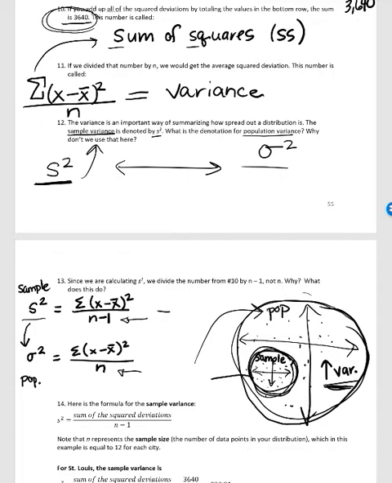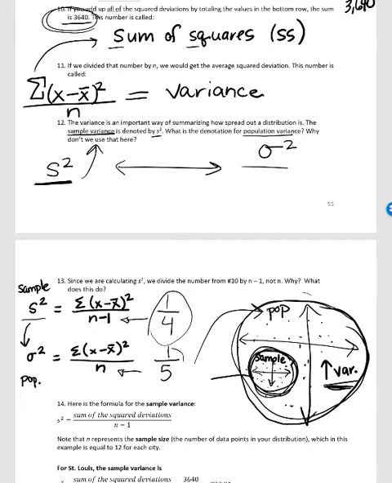If we're talking about the whole population, we'd divide by 5. Talking about the sample, it would be divide by 4. Now think about which one's bigger, the one divided by n or the one divided by n minus 1? Hopefully you see that this one's a little bit bigger than this one. When you divide by something smaller, the overall result is a little bit bigger.